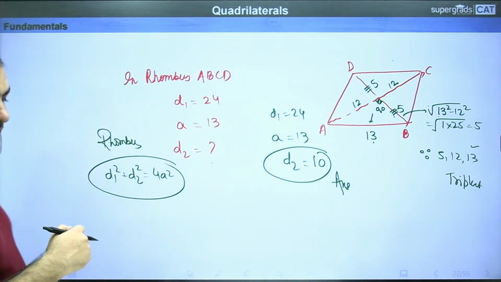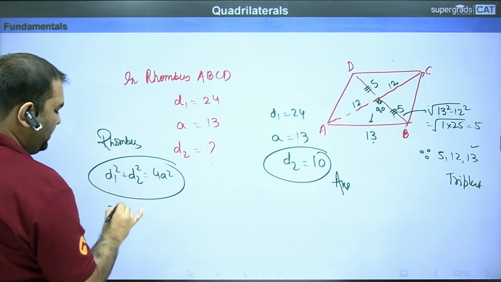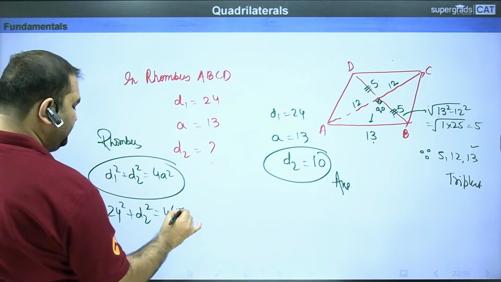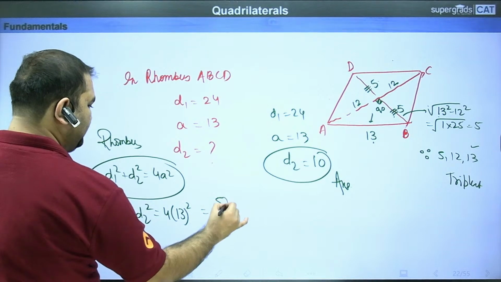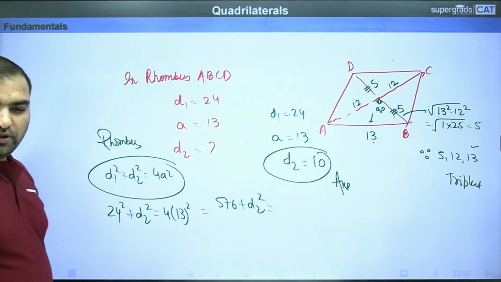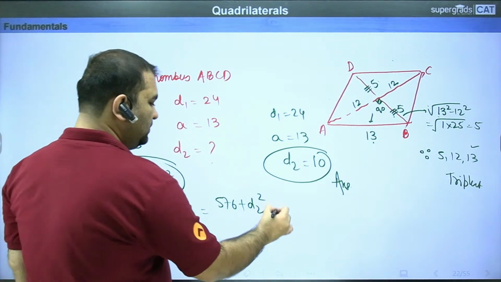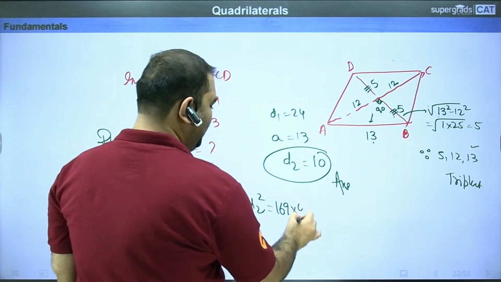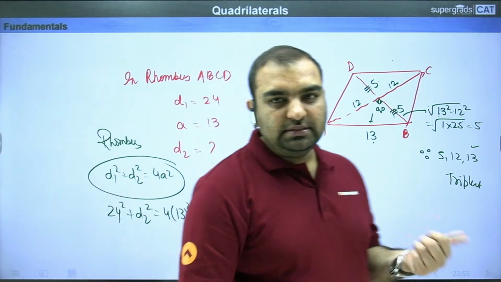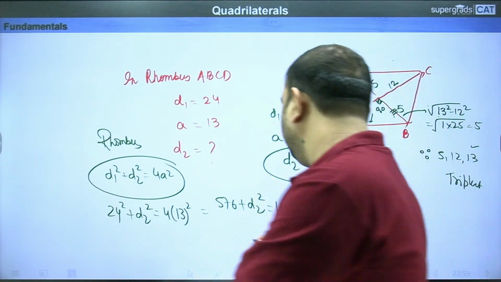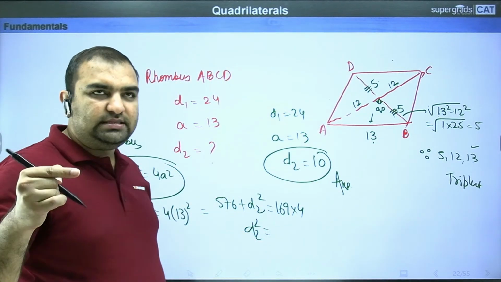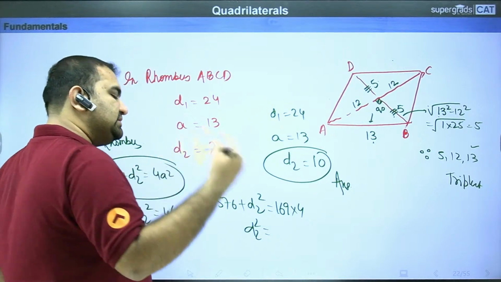D1 is 24 square, D2 they are asking, a is 13 square. 576 plus D2 square equals 169 into 4. If this would be 170, it would be 680; 4 less than 680 is 676.